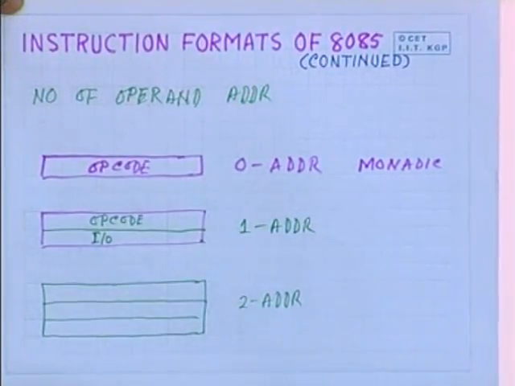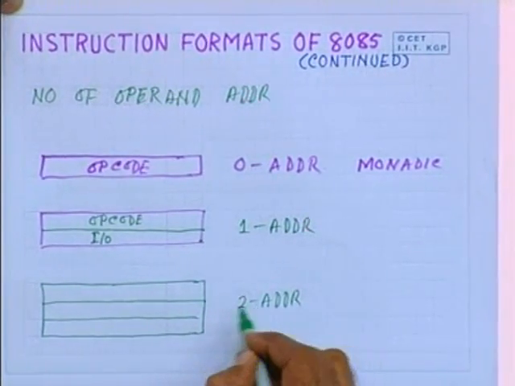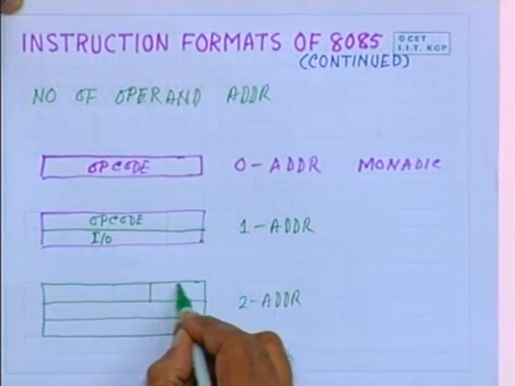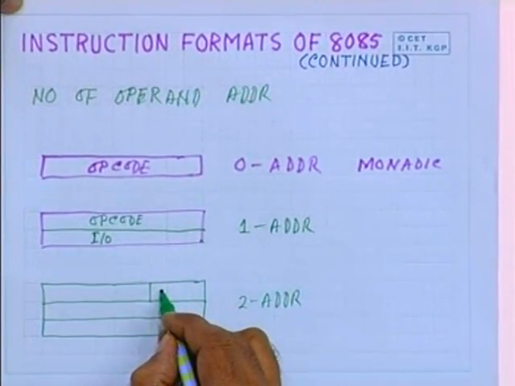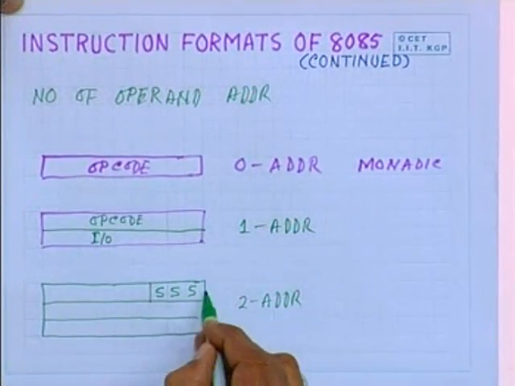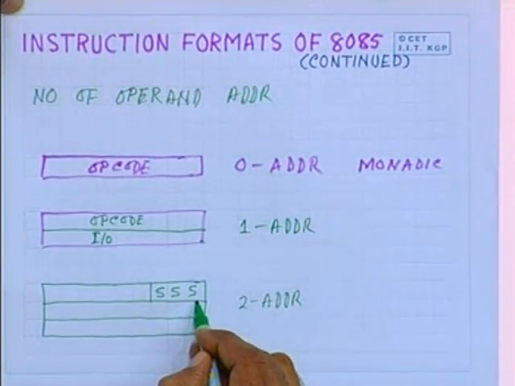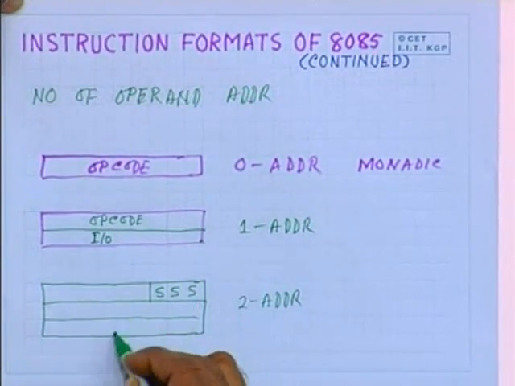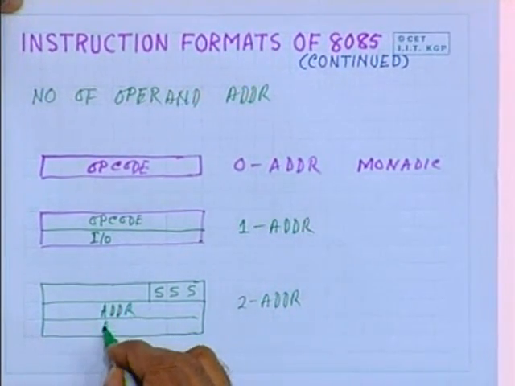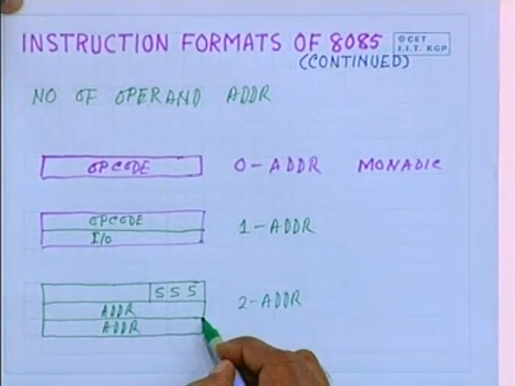For example, whenever you are specifying 2 addresses, one address can be specified in a register. So here it can be SSS, where SSS is the source address of one of the operands specified in a register, and another address is specified by these 2 bytes.